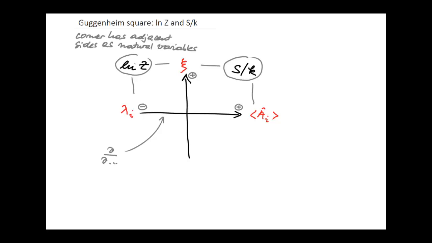So it leads me from lambda to the expectation value ai, with a minus sign because the lambda is at the tail of the arrow where there is a minus sign. That's why you get a minus sign.